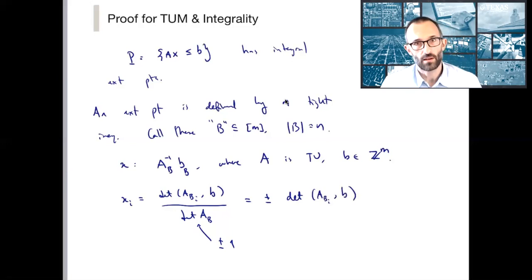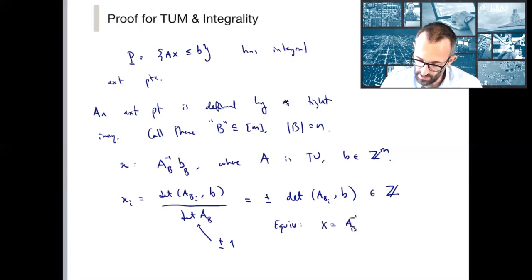This is deleting the ith column of the square matrix A_B and replacing it with the integral column b. And then all you need to do is expand by minors along that column, and it will be plus or minus 1 times the integral values of b times the determinant of the resulting submatrix of A_B. And therefore, by total unimodularity, this is going to be integral.